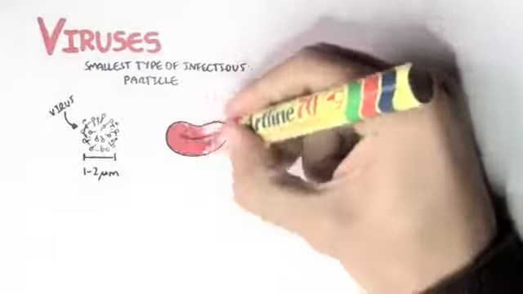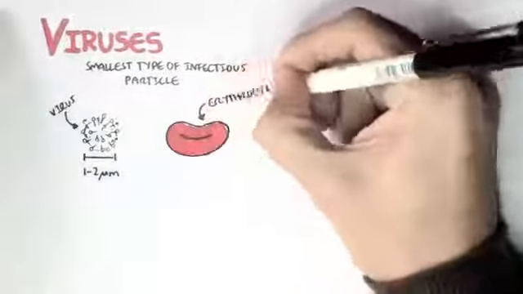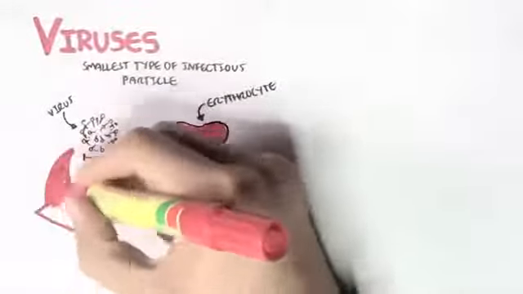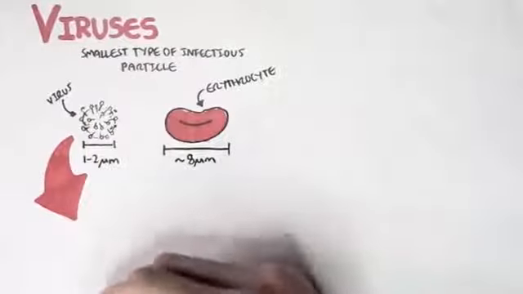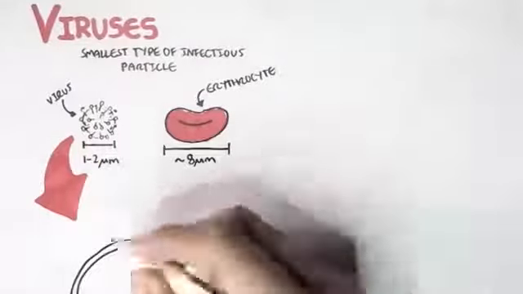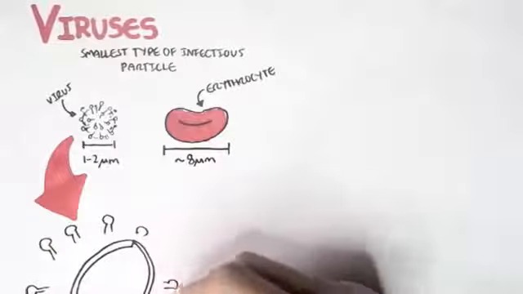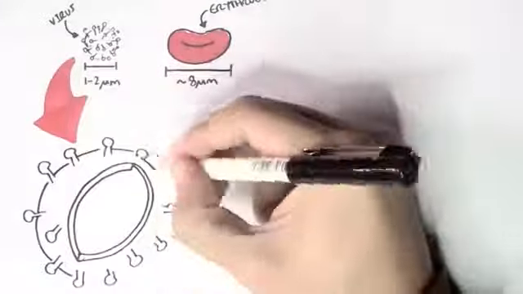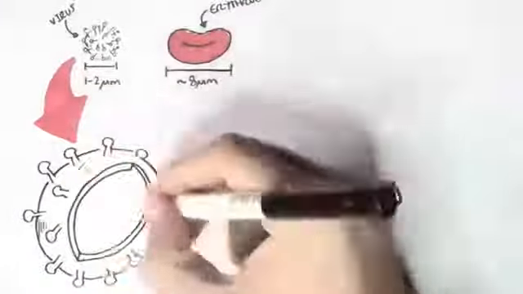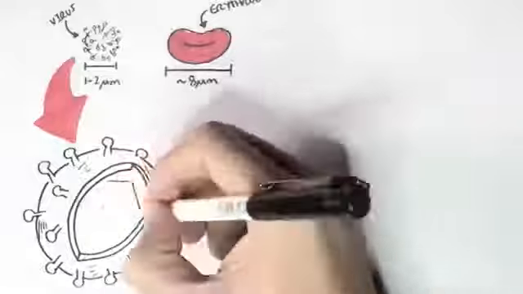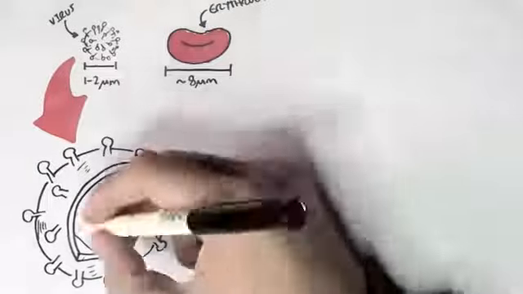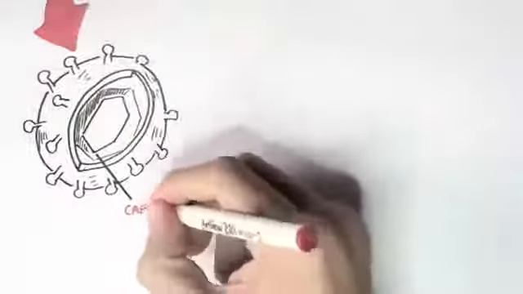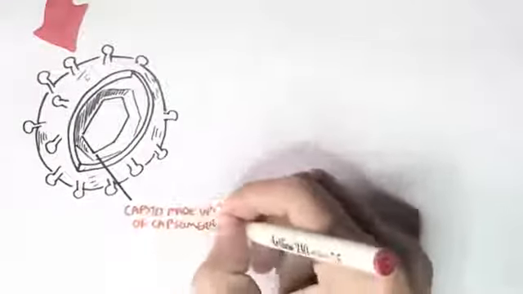An erythrocyte, our red blood cells, are about 8 micrometers in diameter, which is about 100 times the size of a virus. So this gives you an idea of how small a virus can be. The structure of a virus differs between different types of viruses, but as a general rule, here we're just looking at a typical structure of a virus. As a general rule, they contain a capsid which are made up of capsomere proteins.